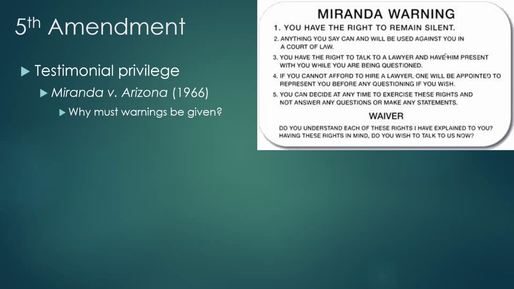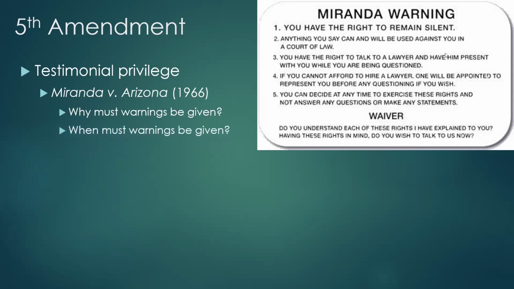And they can't meet that burden unless they are for sure the defendant knew what his rights were and knowingly, voluntarily waived them. And so giving these warnings assures that the defendant is aware of their rights and is knowingly and voluntarily waiving them. That's why they have to be given. And that was the explanation in the Miranda case.